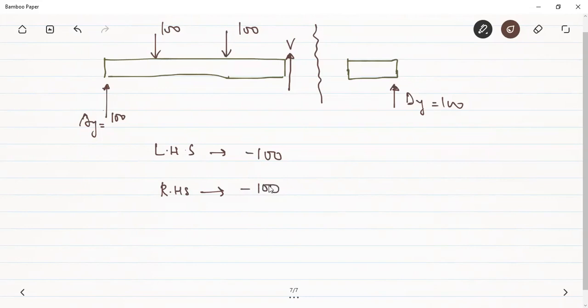Towards the left side of the section, for the shear force to be positive, we should have a net upward force, and for the shear force to be negative, we should have a net downward force on the left hand side. Okay, in this case it was so, and the direction of the shear force here will be this. This will be the direction of the shear force.